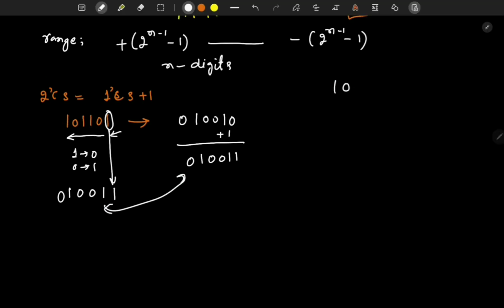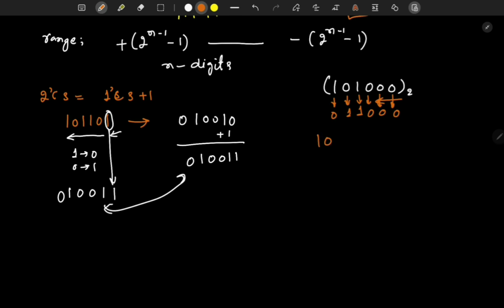If we take another example wherein we have to find the 2's complement of this given number, by this shortcut method we have to find the first 1 from the LSB. That means we keep the bits as such, and whenever we find the first 1, we also keep that as such, and then we just replace 0 by 1 and 1 by 0. We can cross check this.